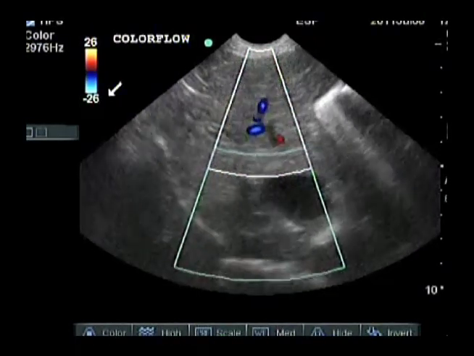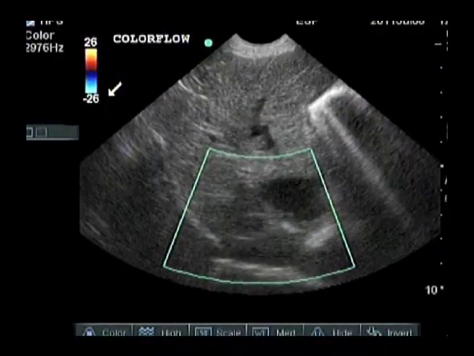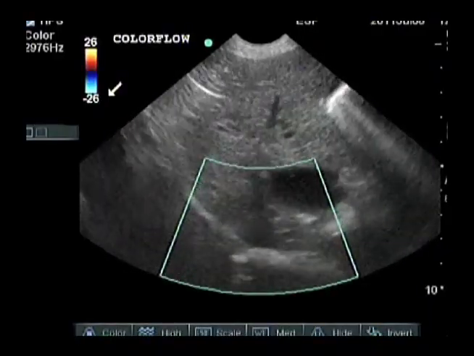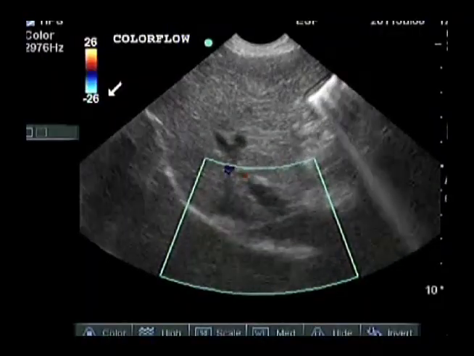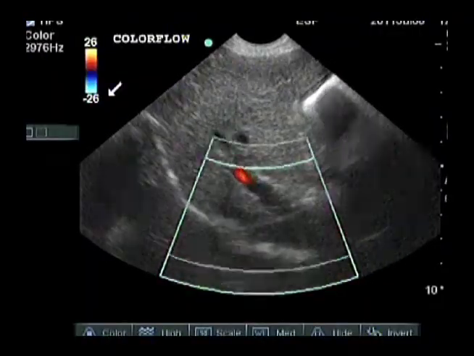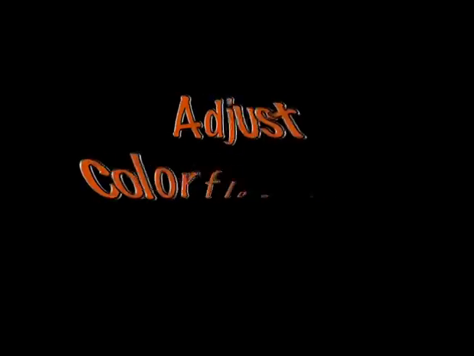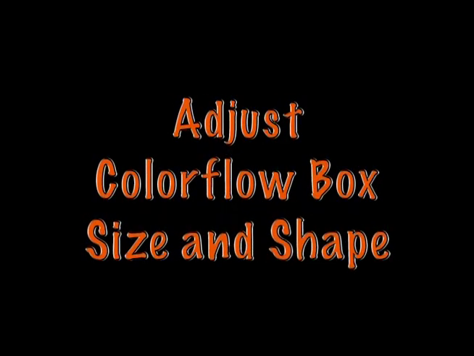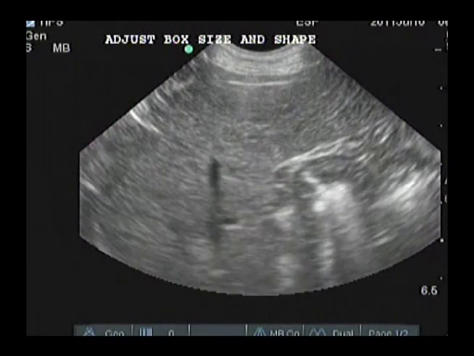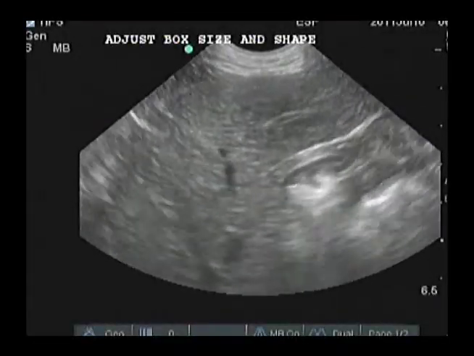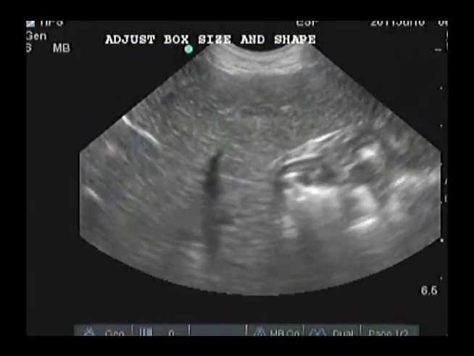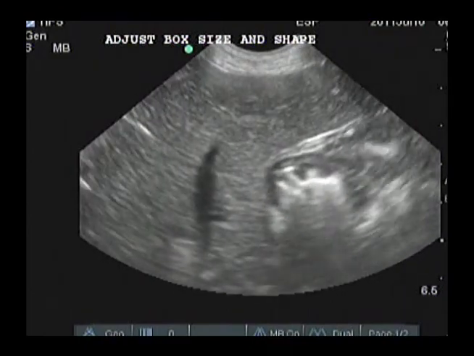With most ultrasound machines, the touchpad or trackball is used to move the color flow box to the point of interest. Most ultrasound machines allow you to change the size and shape of the color flow box to suit your needs.